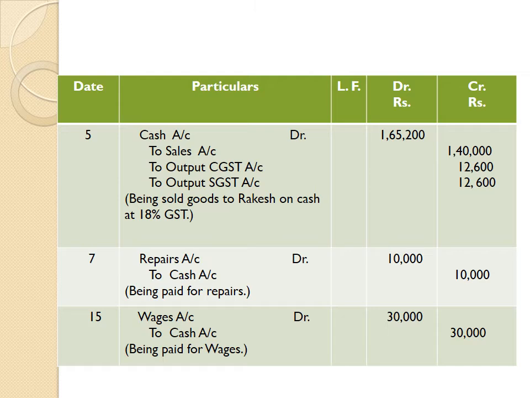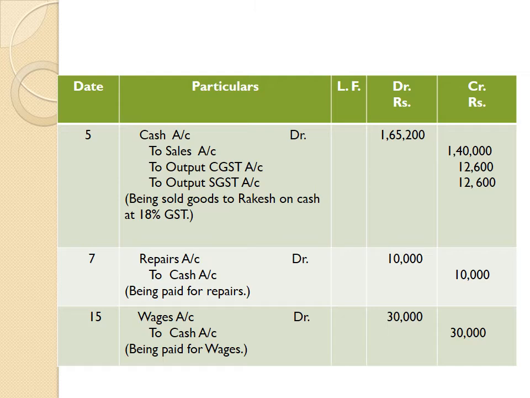On 15th May 2021, amount paid for wages 30,000. It is also simple entry. Amount paid, that is cash gone from us for the purpose of wage payment.